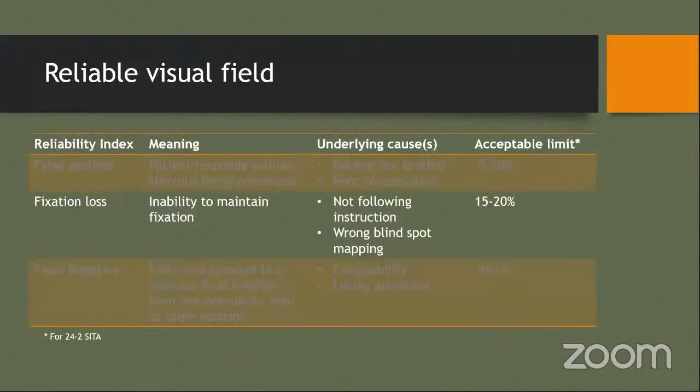The second most important reliability index is the fixation loss, which measures the inability of the patient to maintain fixation on the central fixation yellow light or the diamond. The upper limit for the SITA strategy is 15 to 20%, but this also depends upon the status of the other two reliability indicators.